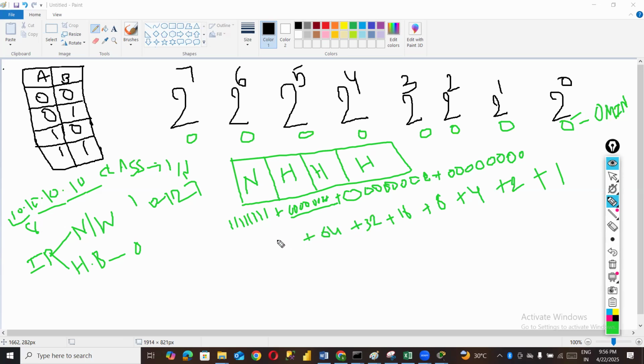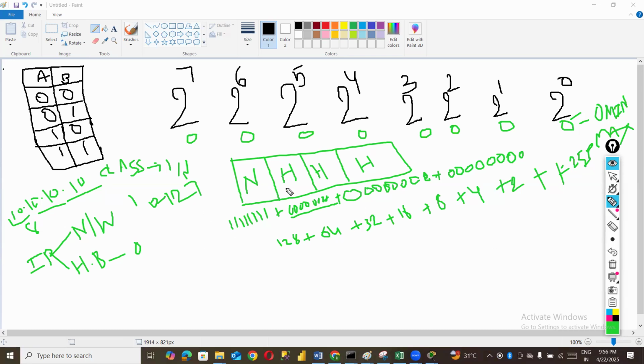So what is the total sum of this? 255. So this is our maximum value. The minimum value is 0 and the maximum value is 255. Till here we are good, right?